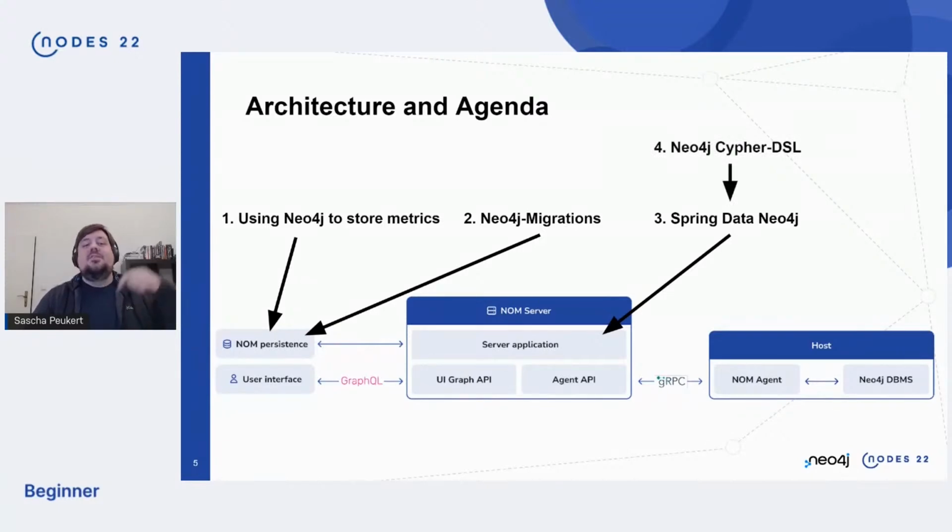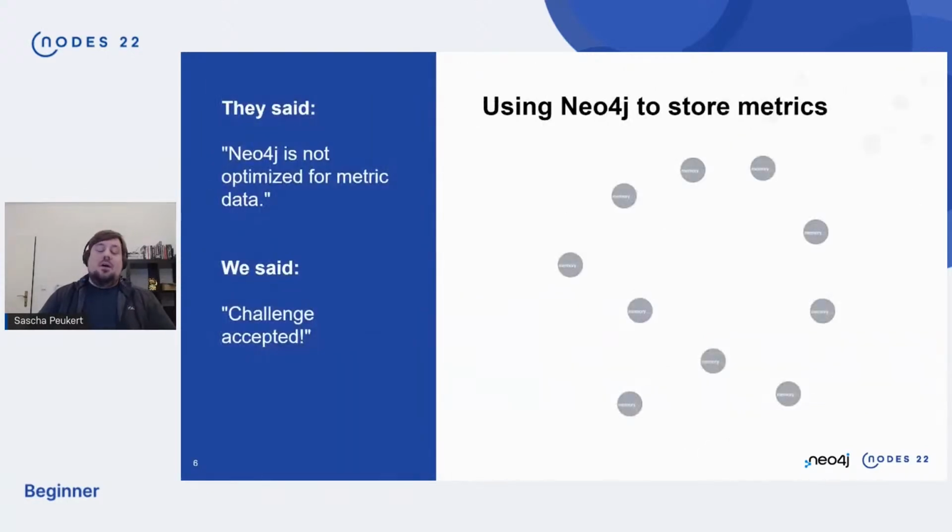And to make it even easier to use Spring Data Neo4j, we also use the Cypher-DSL. That is a still pretty hidden gem. So let's talk about those four things now, starting with using Neo4j to store metrics.